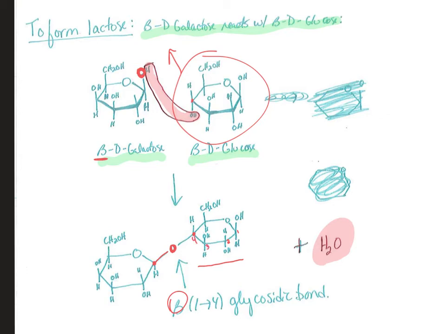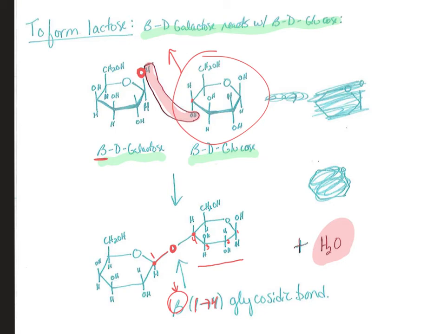So we call this a 1 to 4 glycosidic bond. The carbon number 1 on our left is going to carbon number 4. We have to define that carbon number 1 that's involved is a beta because it's on carbon number 1. If it wasn't on carbon number 1, we wouldn't have to worry about it. But since it is, we need to tell people which we are talking about here.